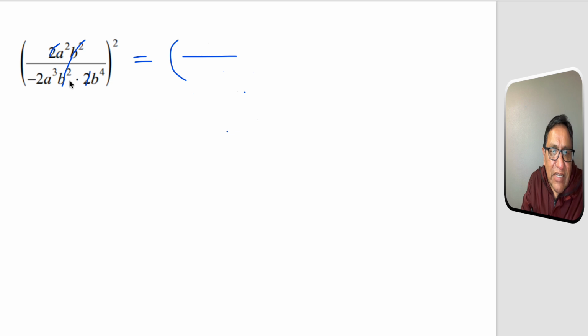So what is left up to this point? We have a squared, and in the bottom I have a -2, a cubed, I'm sorry about my writing, I have to get better at this, and what else do we have? B to the power 4.